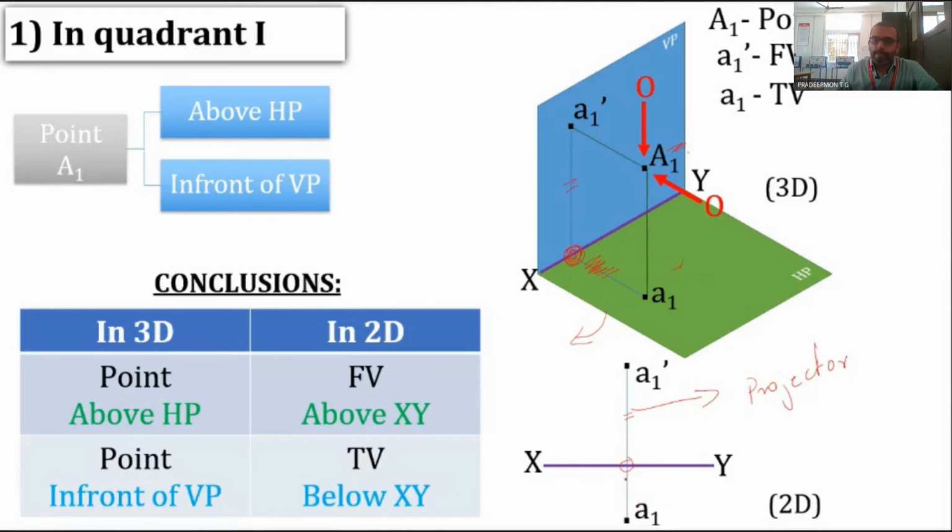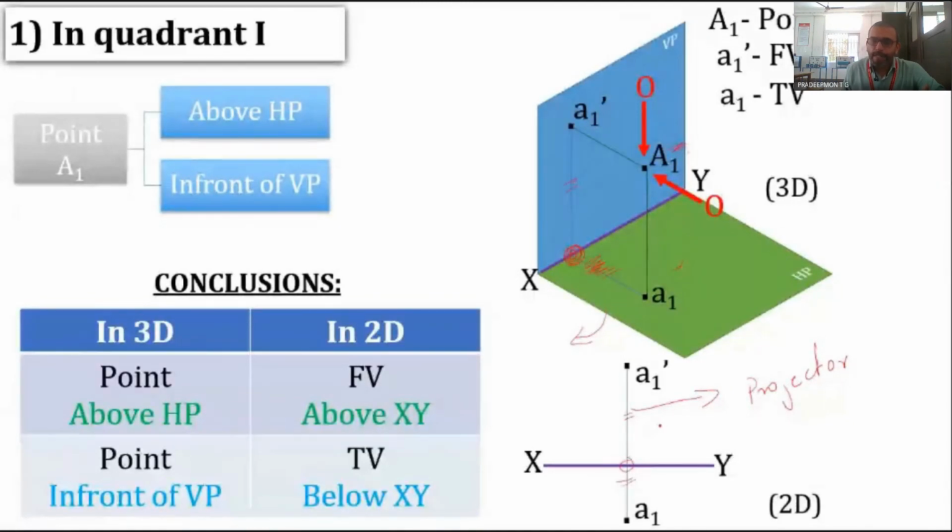Likewise, it is very easy to draw the front view as well as the top view if we know the distance of the point from HP and VP. What you have to do is draw a horizontal line and name it the XY line, and then draw a perpendicular line, which is known as the projector line.